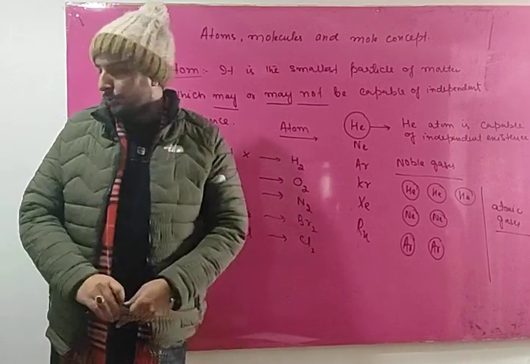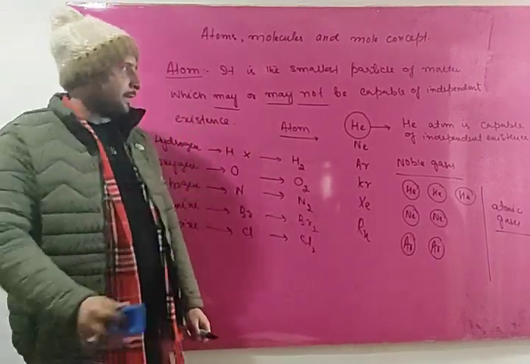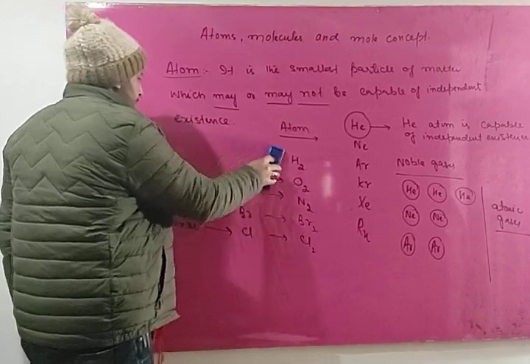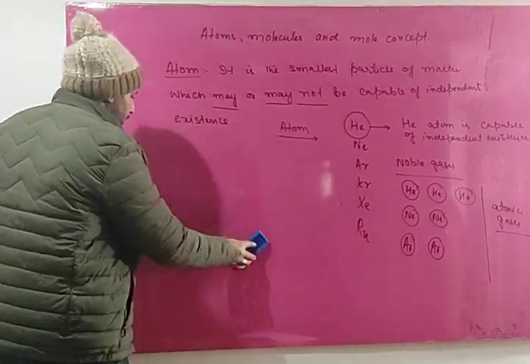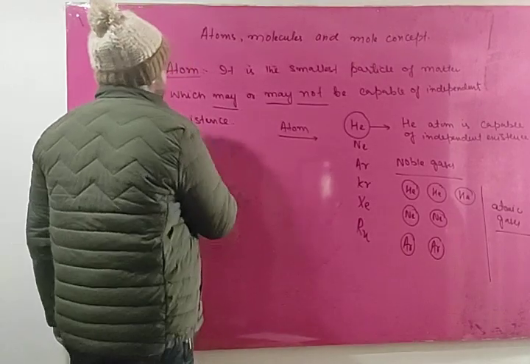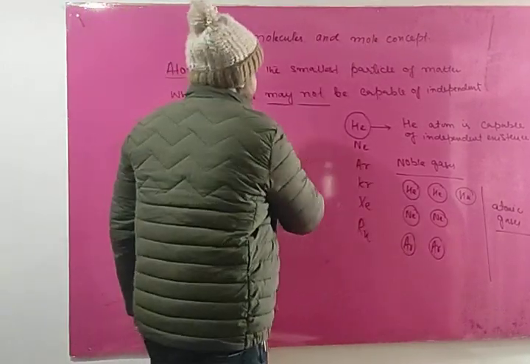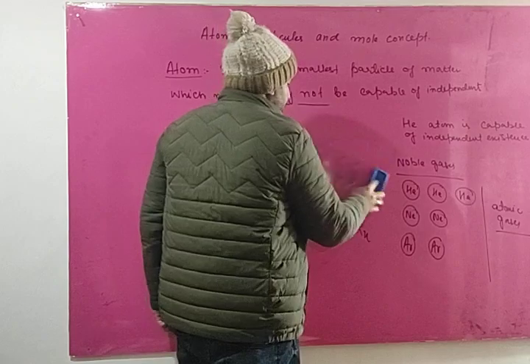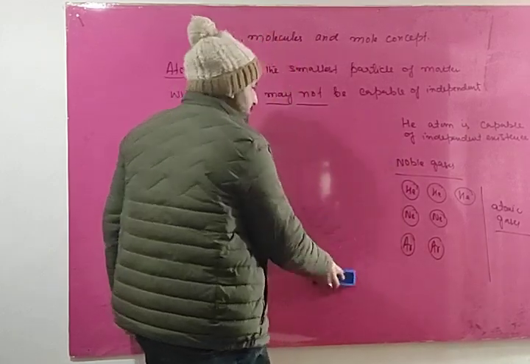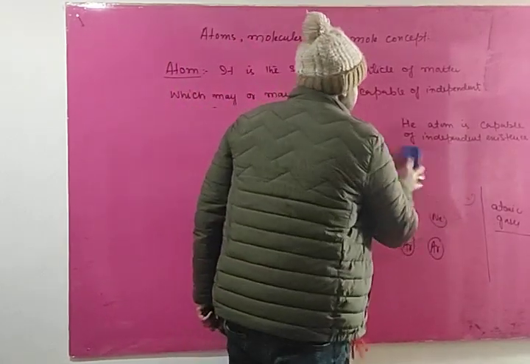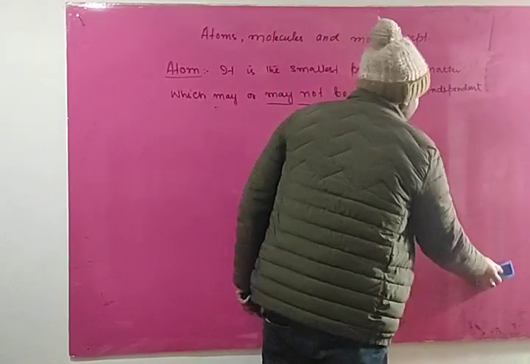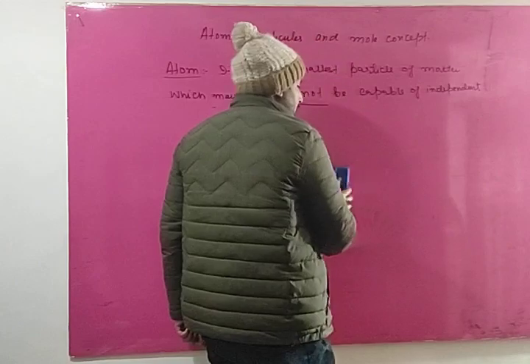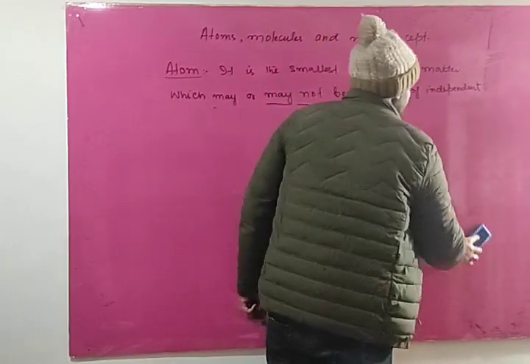All right. So when we say that atom is the smallest particle of matter which may or may not be capable of independent existence, they say that some of the elements exist in atomic form and some of the elements exist in molecular form. So here comes the definition of the molecule.